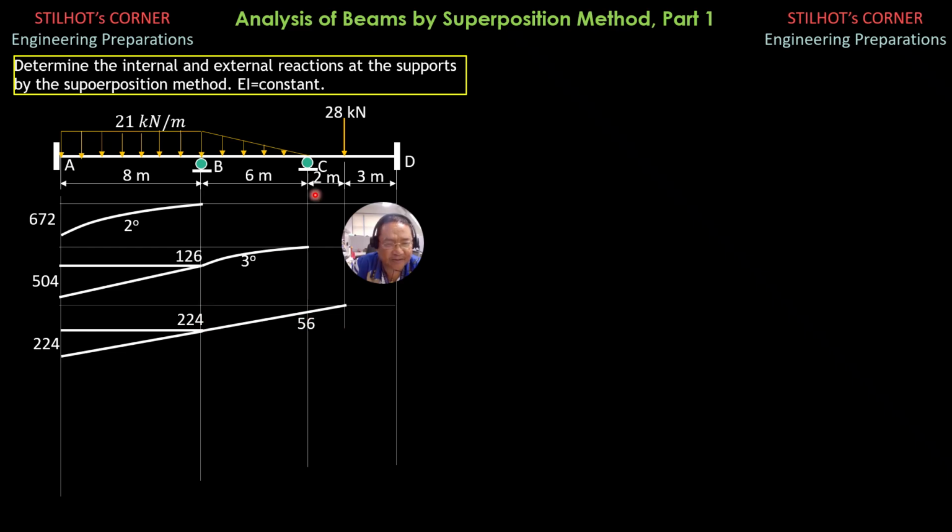Then at B, 28 times 8, 224. So we imagine a concentrated load of 28 kilonewtons at B, then a couple of 224 clockwise couple. That's why at A, these will be the moments.